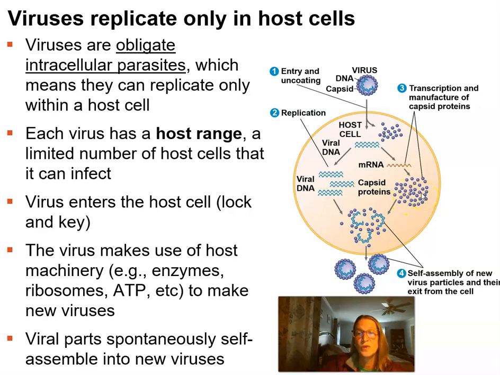So that's the host cell doing that. Also, it uses replication, and it creates more viral DNA. So once the viral DNA and the viral proteins are created by the host cell, these things can automatically self-assemble, and then these viruses can exit the cell, often by destroying it, and can go off and infect new cells.